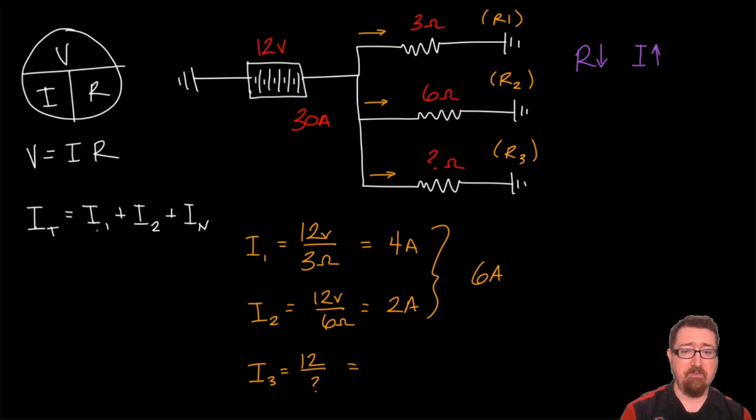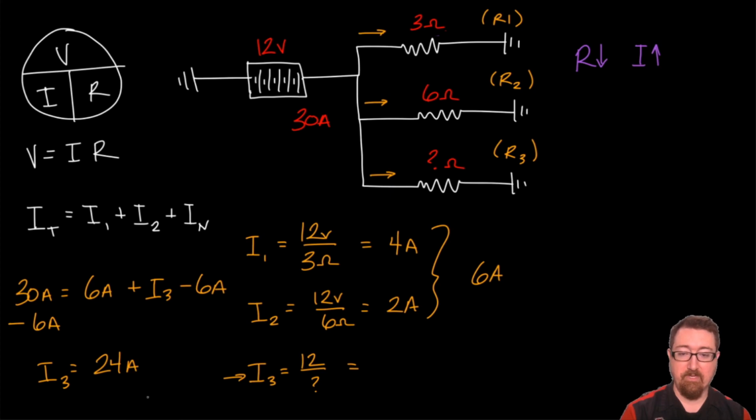Because I know that the total branches added up is going to equal the total, and I already know the total, let's write it down: that would be 30 amps. So I1 plus I2, which is 6, plus I3, because I don't know it. Then all we'd have to do is subtract 6, and I3 is going to end up equaling 24 amps.